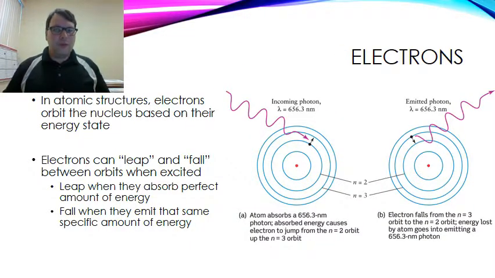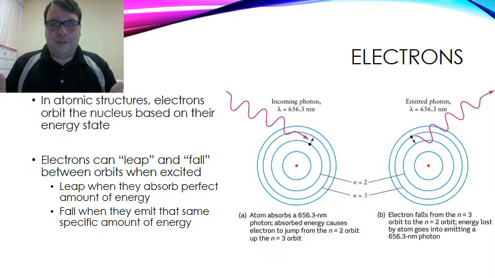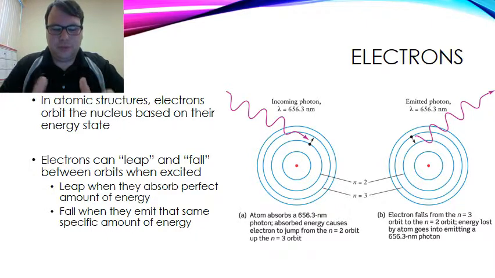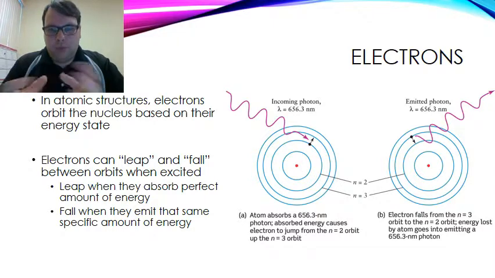Now, here's what's really cool. In class, I like to explain this with the idea of kittens, because everybody can relate to a kitten. Not everybody can relate to an atomic structure. So, if we're looking at Bohr's atomic structure, so we're looking at Bohr's atom, electrons orbit around a central nucleus.